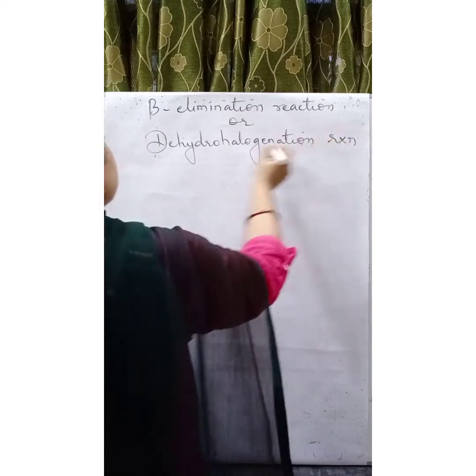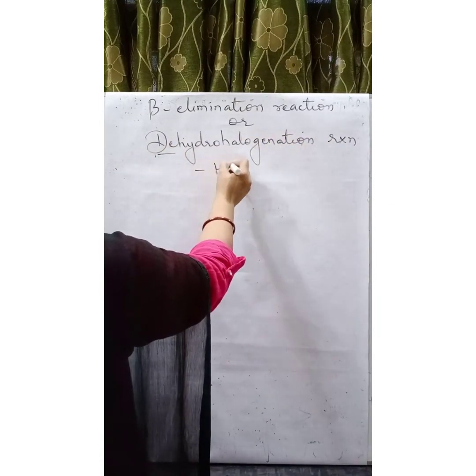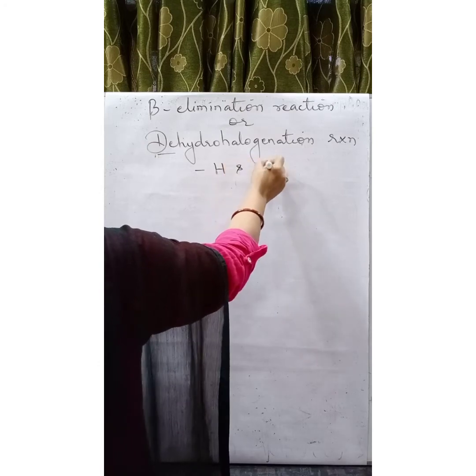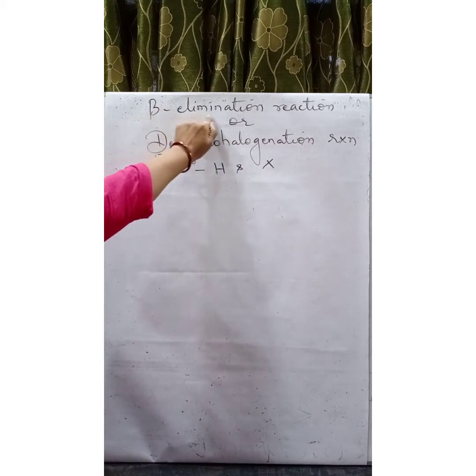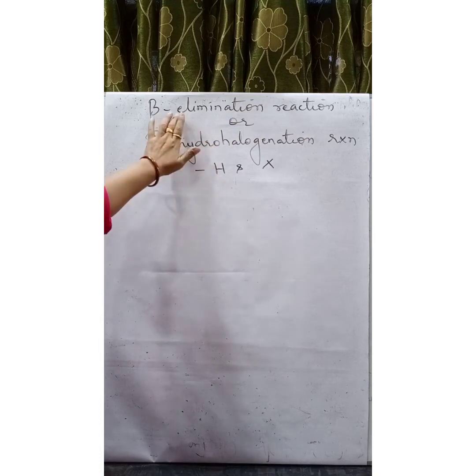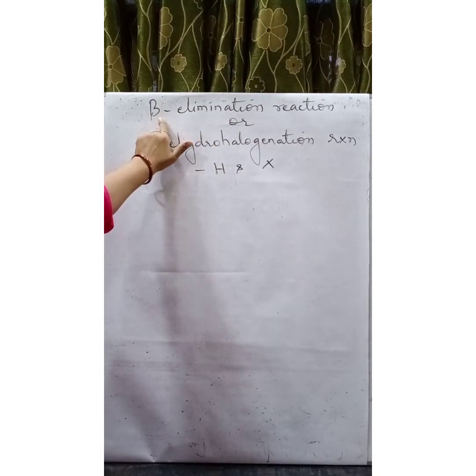D means removal. Hydrogen and halogen is being removed. Minus H and X is being removed in this reaction. We also call it as beta elimination reaction as the hydrogen atom is removed from the beta carbon.